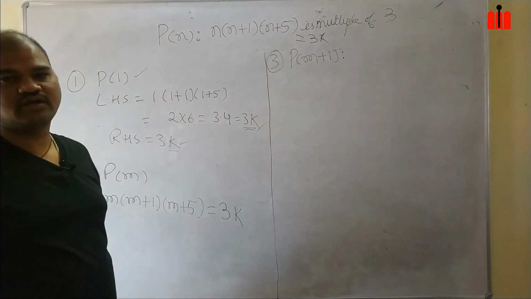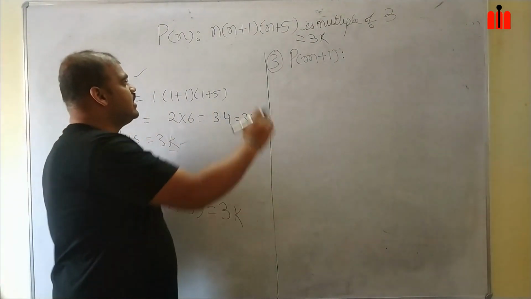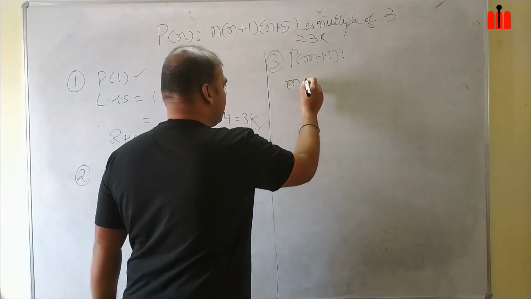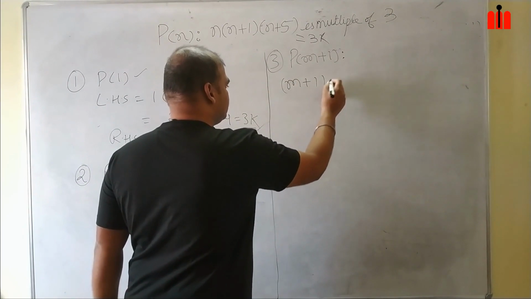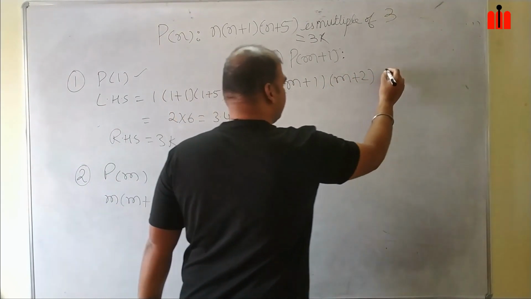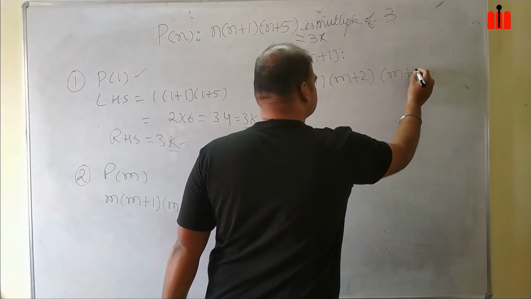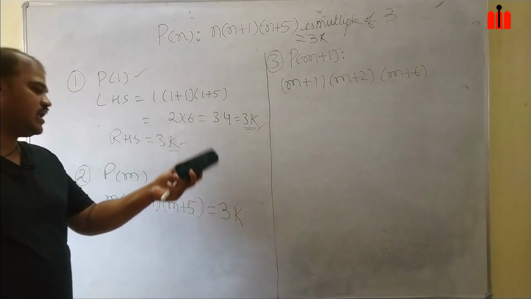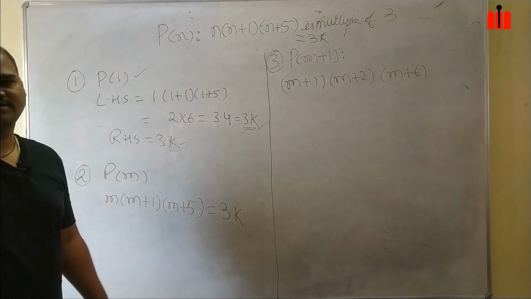For Pm plus 1, what will be my LHS? In place of n, I will substitute m plus 1. So it will be m plus 1, m plus 2 and m plus 6.